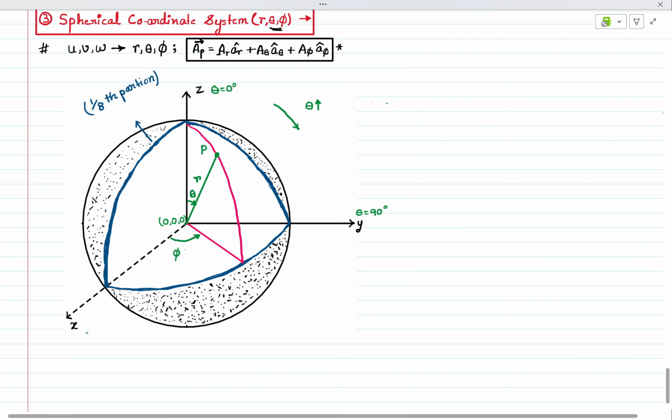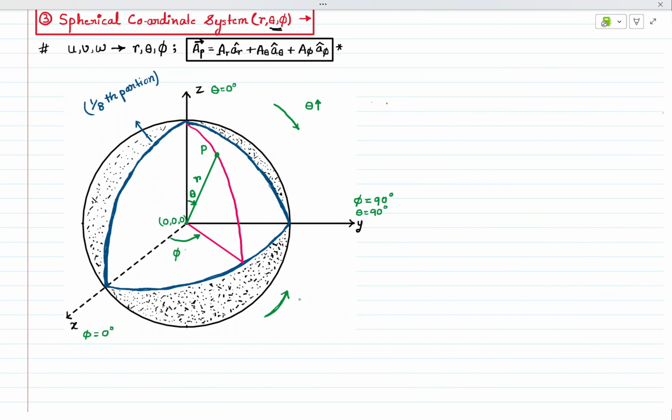Okay, that means I can also write here phi is equal to 0 degree, and also phi is equal to 90 degree. And phi is increasing in this direction.